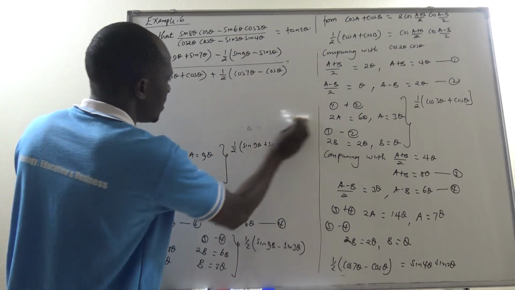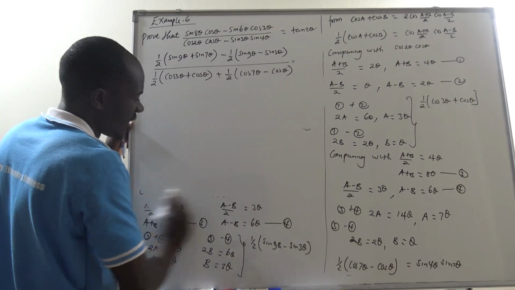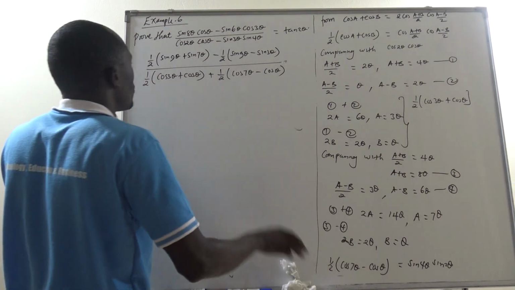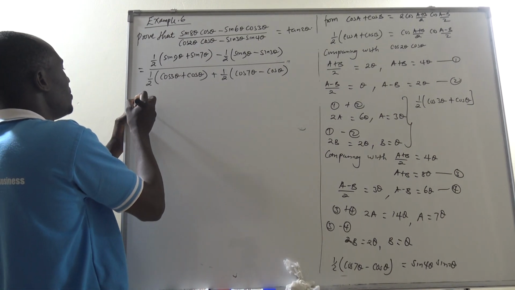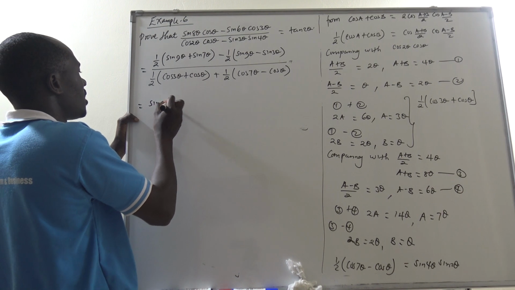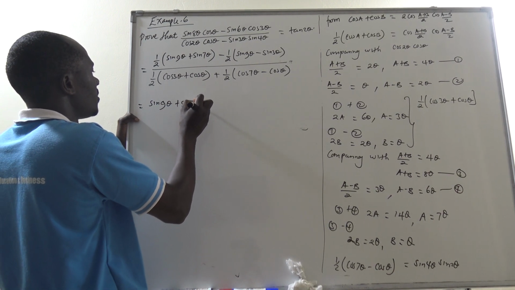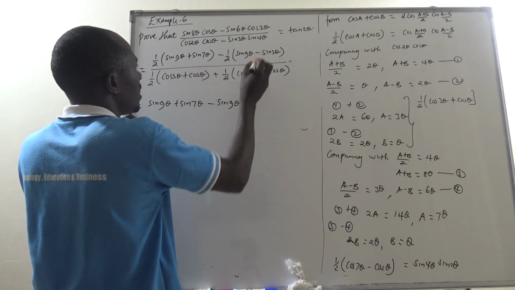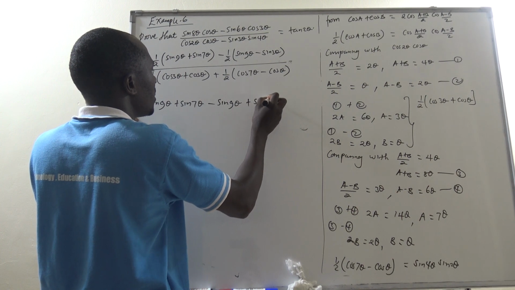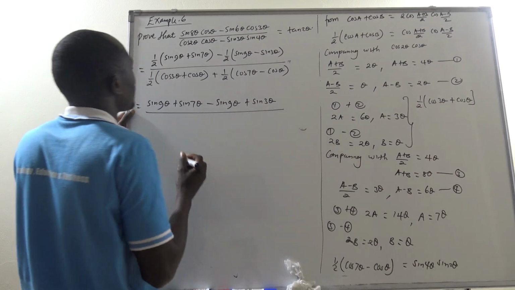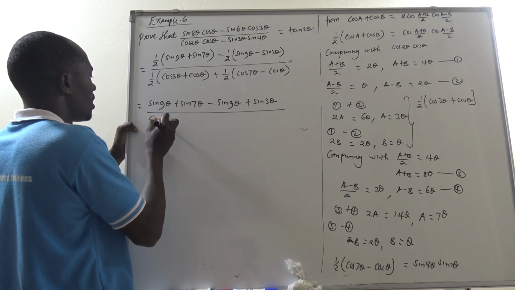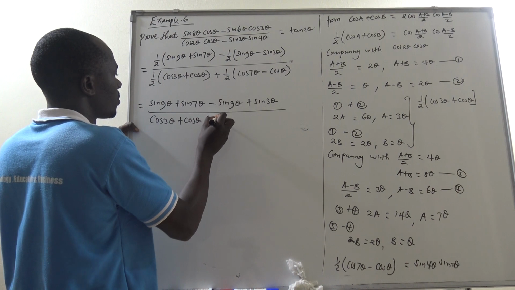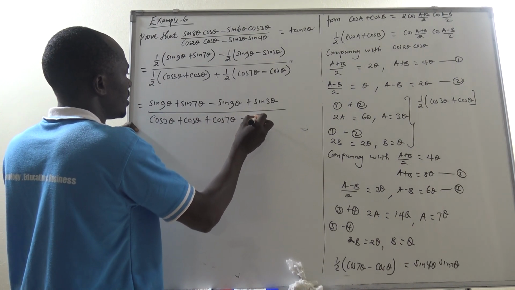So we proceed. You can see a half is common everywhere. It means a half can be eliminated since it is common both up and down. So we are remaining with sine 9 theta plus sine 7 theta minus sine 9 theta, a negative times a negative, we are getting plus sine 3 theta, all over cos 3 theta plus cos theta plus cos 7 theta minus cos theta.